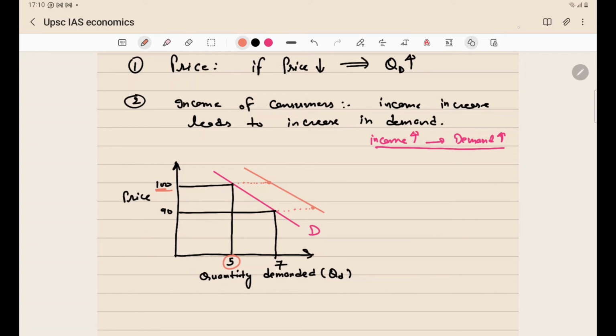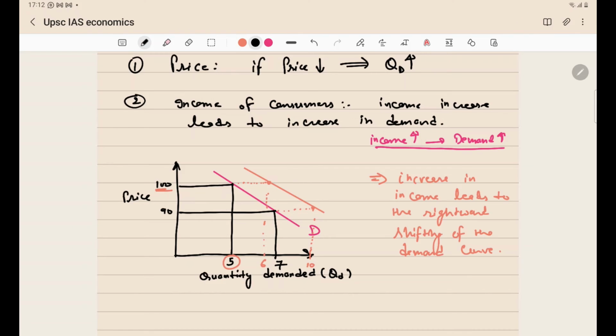At each price the person can buy more apples. At 100 the person now can buy suppose 6 apples, and at 90 now the person can buy say 10 apples. So we can say that increase in income leads to rightward shifting of the demand curve. Therefore there is a rightward shift in the demand curve.